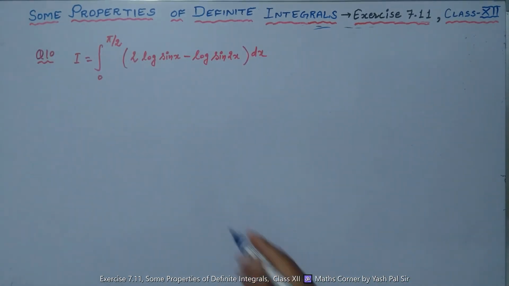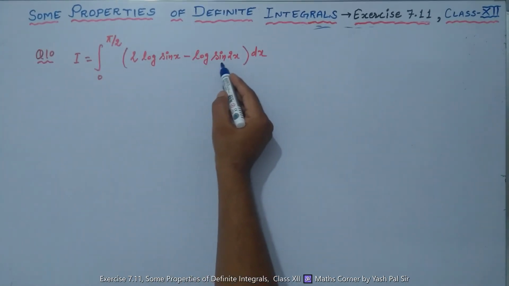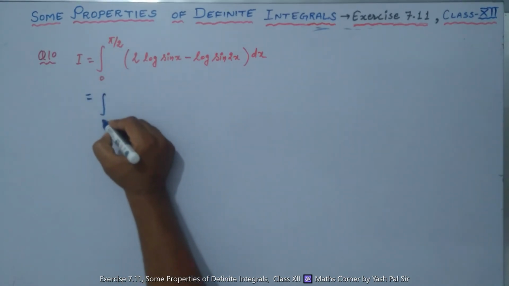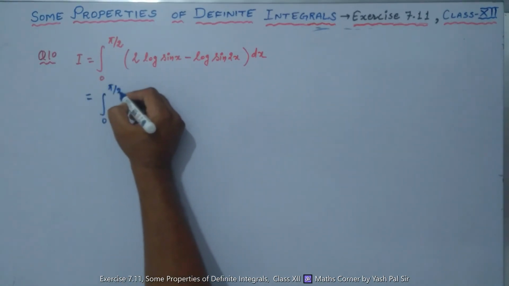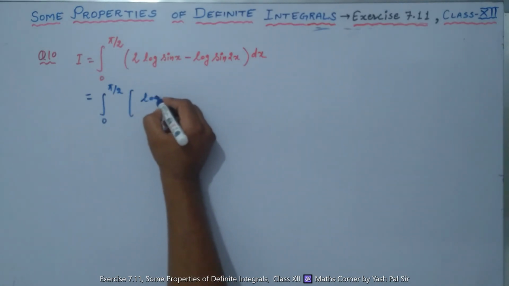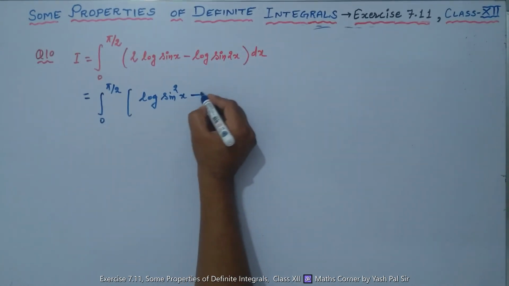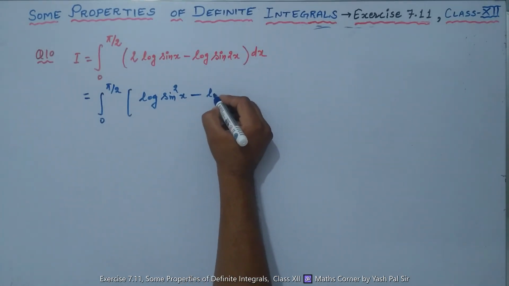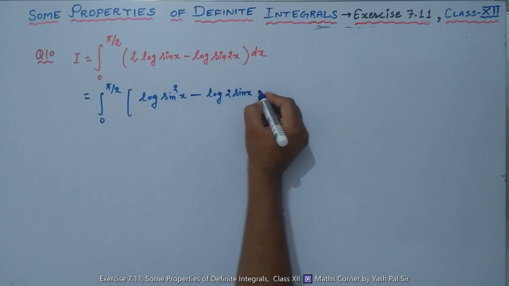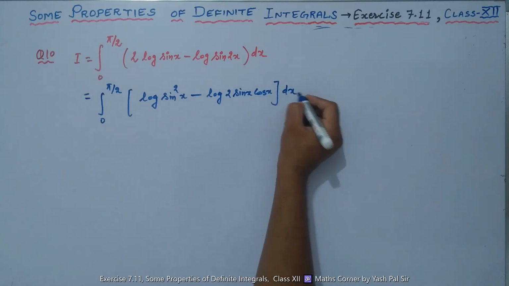Question number 10 is integral from 0 to pi by 2 of log sin x minus log sin 2x. So this can be written as integral 0 to pi by 2. First of all 2 log sin x means log of sine square x, and this means log of 2 sin x into cos x dx.